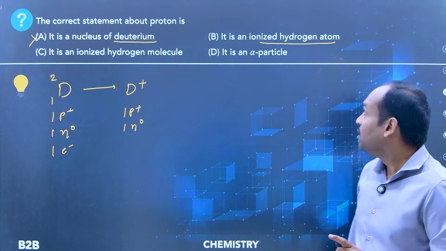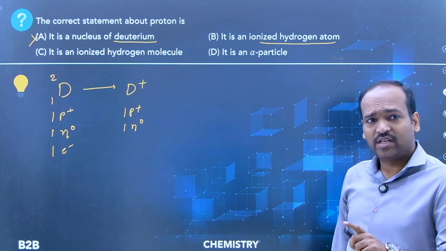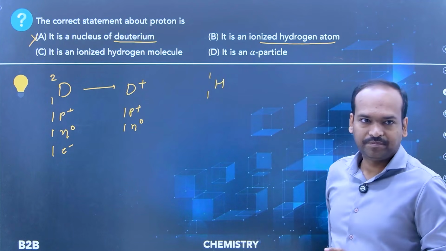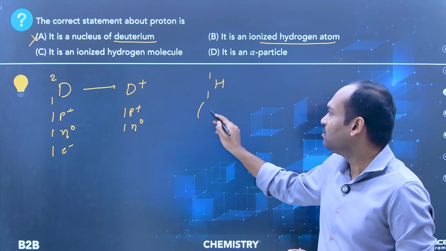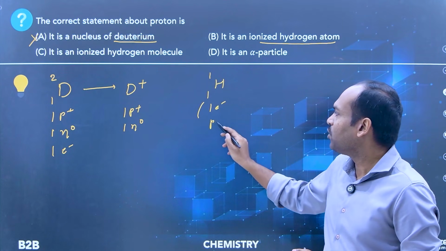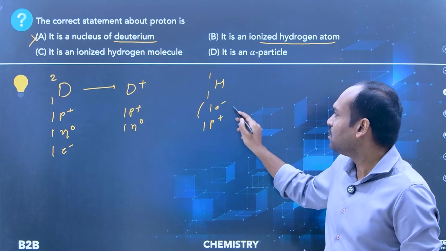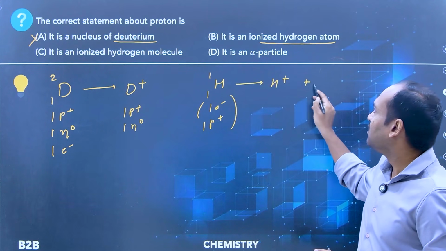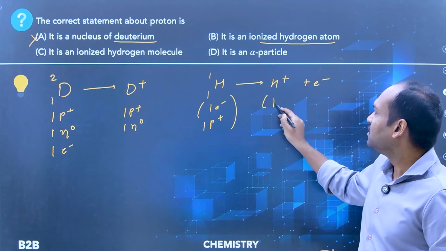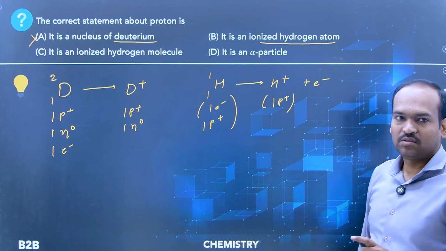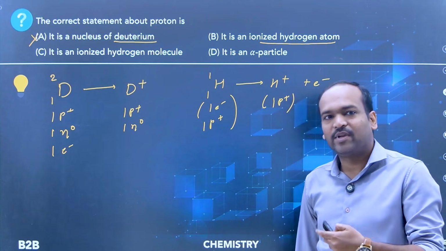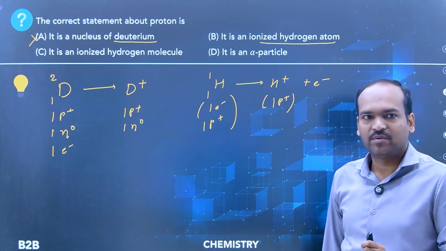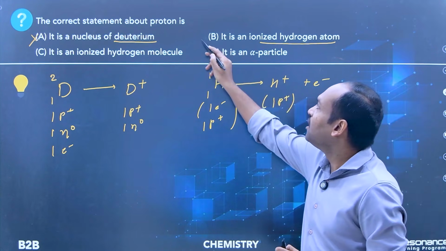Next, it is an ionized hydrogen atom. Beta, hydrogen atom means 1H1, protium. It has one electron and one proton. If I ionize it, we have only one proton. Yesterday also in the table I wrote that we can give the symbol H plus for a proton, beta.